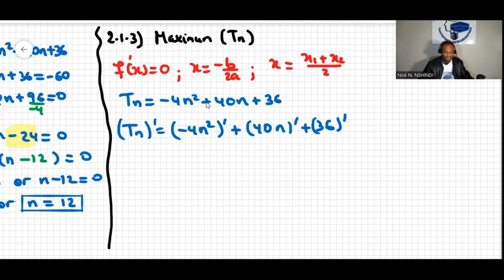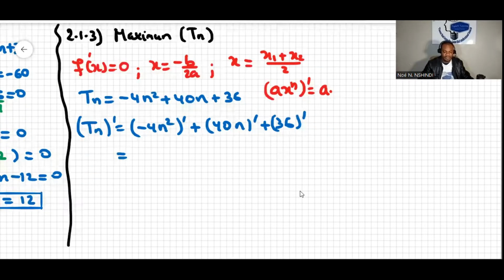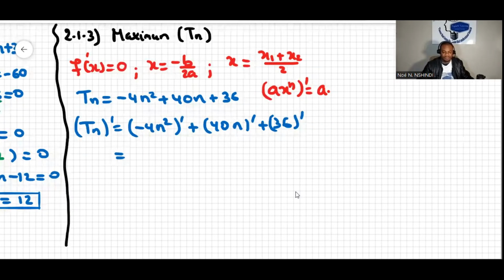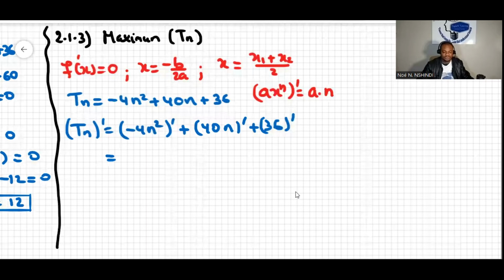The rule says if you have a x to the power of n, its derivative is a times n times x to the power of n minus 1. This is what I'm going to apply here.